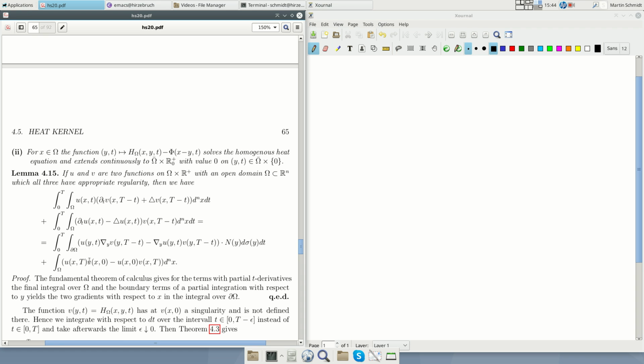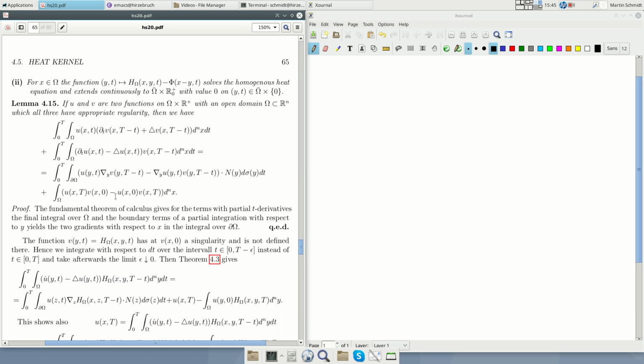So we see that in this limit, this integral here just gives u of (x, t).